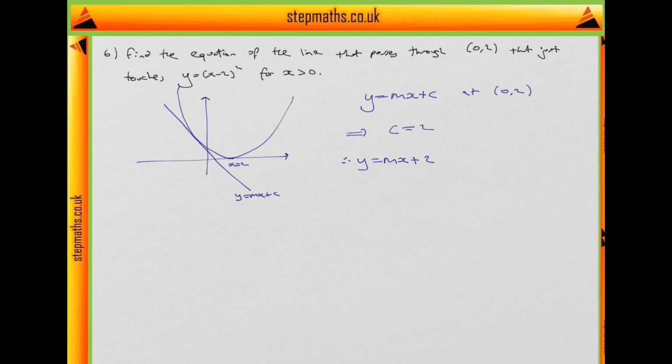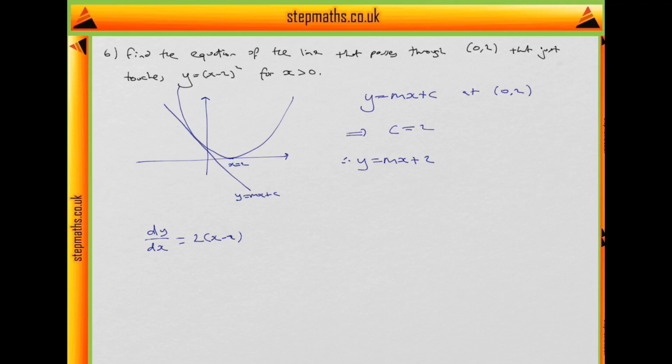We're also told that it just touches the curve y equals (x minus 2) squared. What that means is this line is a tangent to the curve at this point, so their gradients are equal. Let's find the gradient of y equals (x minus 2) squared. Using the chain rule, dy by dx equals 2 times (x minus 2), at some point x.